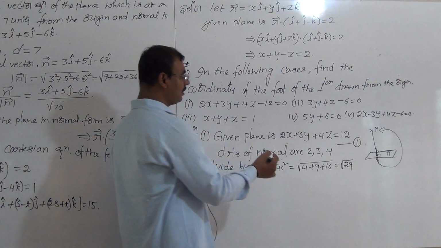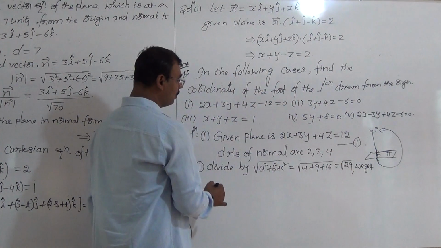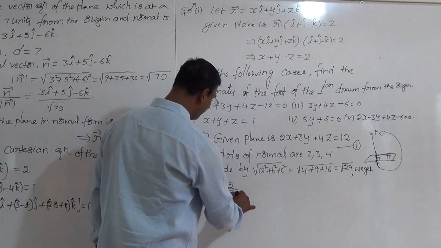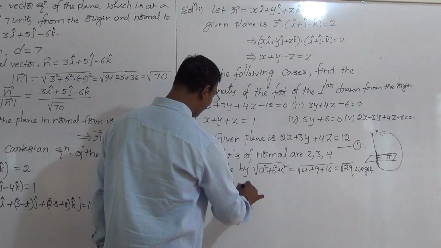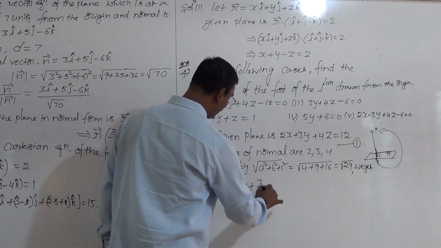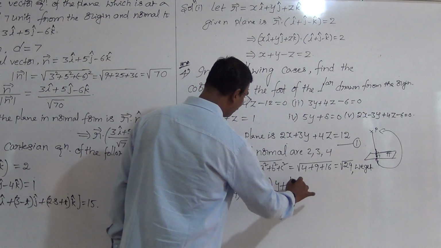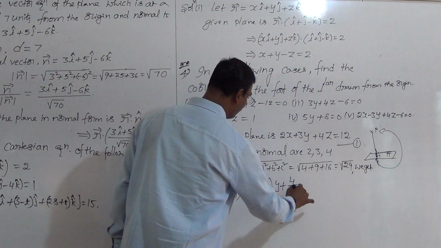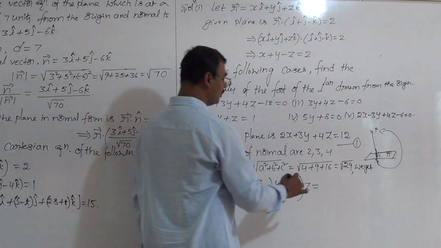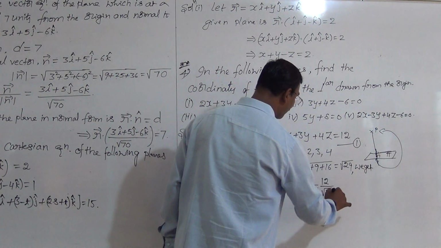We get 2 divided by square root of 29 into x plus 3 divided by square root of 29 into y plus 4 divided by square root of 29 into z equals 12 divided by square root of 29.